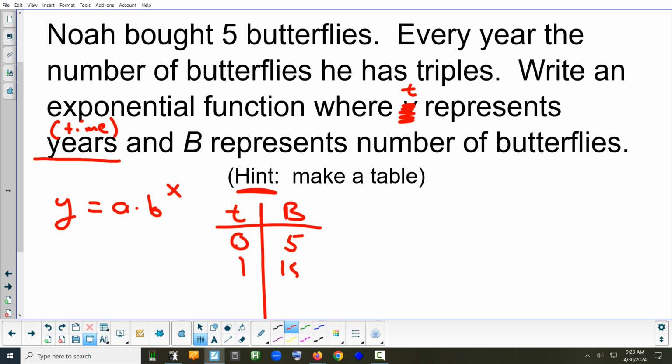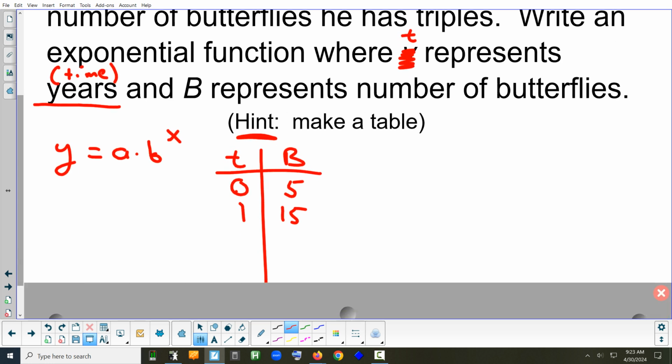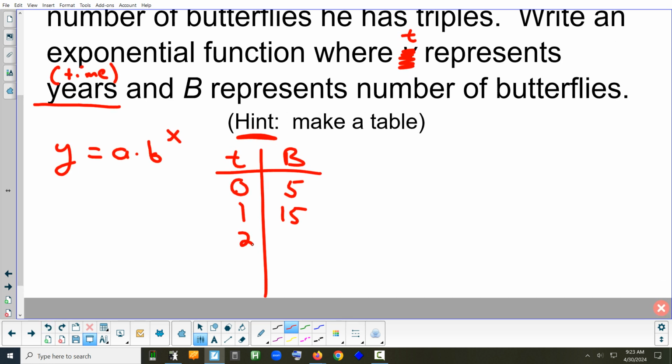Yep, 15. And let's just do 2 more. How many butterflies would there be at the end of the second year? 45. Yep, 45. And we could do 1 more. How many butterflies would there be at the end of the third year? 135. Yep, 135.